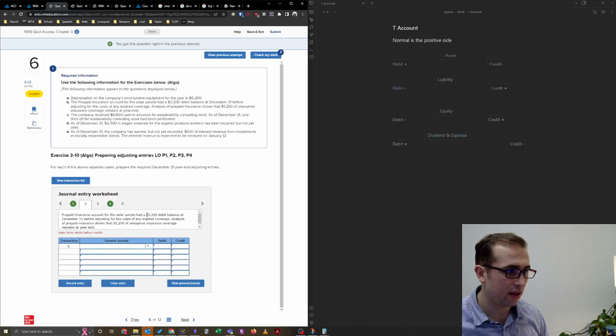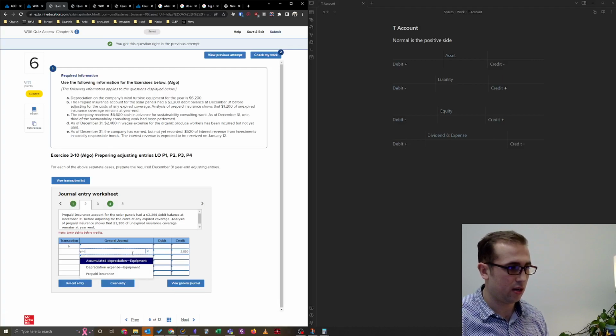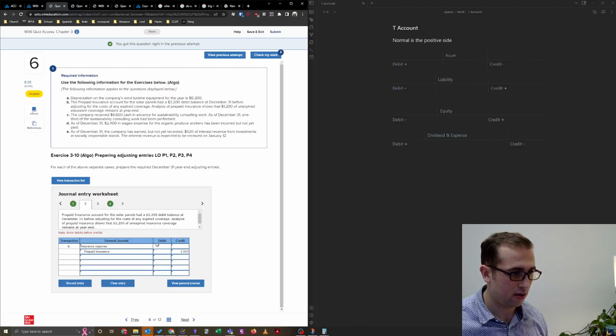So we had a $3,200 debit balance of prepaid insurance, which is an asset account, and at the end of the year we only had $1,200, so it was a decrease, a credit of $3,200 minus $1,200, $2,000. So prepaid insurance, and that was an insurance expense that brought it down by $2,000.